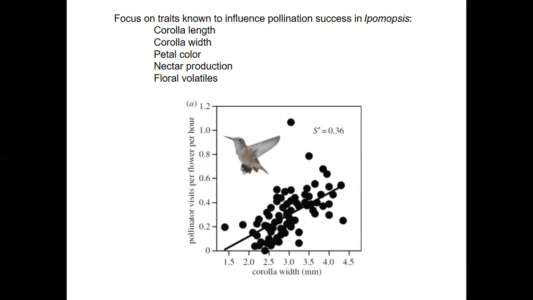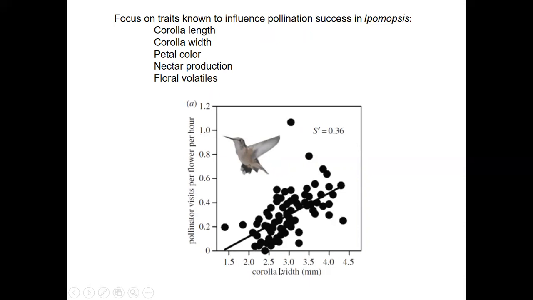All right, so just to show you where these selection estimates come from, they all involve some estimate of fitness. Here, we're looking at the rate at which hummingbird pollinators visit flowers as a function of a trait.